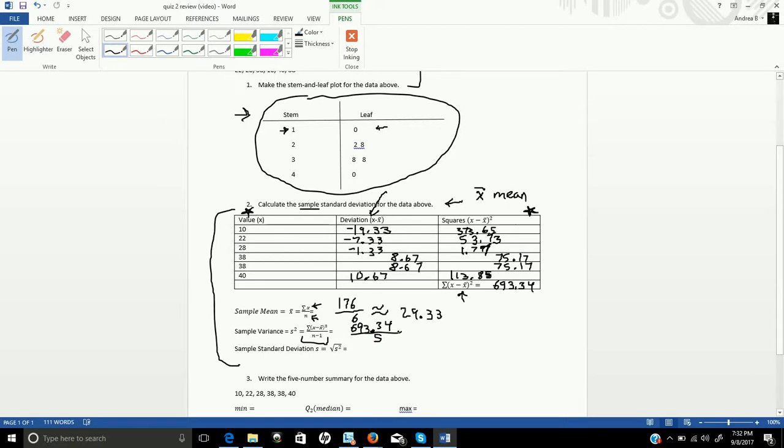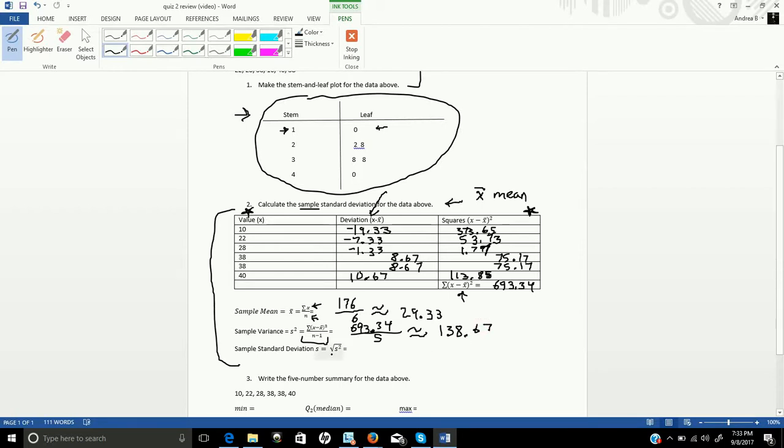And then to find the standard deviation, like I wrote here, we want to square root that answer. So we need to do the square root of 138.67. If you do the square root of that, it looks like we get approximately 11.78.